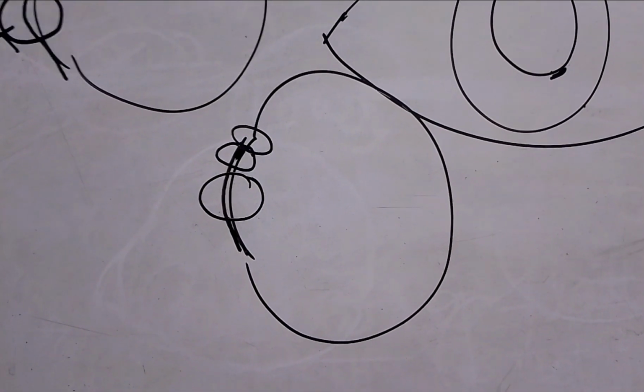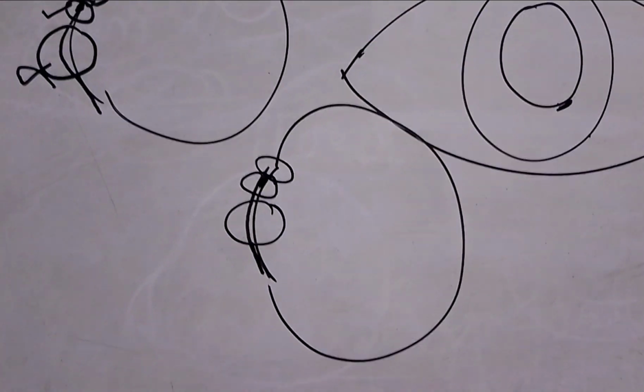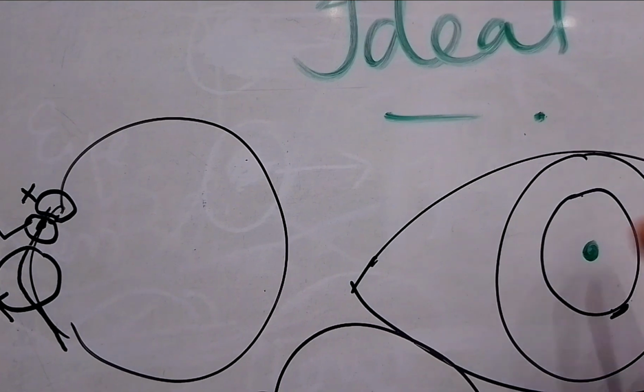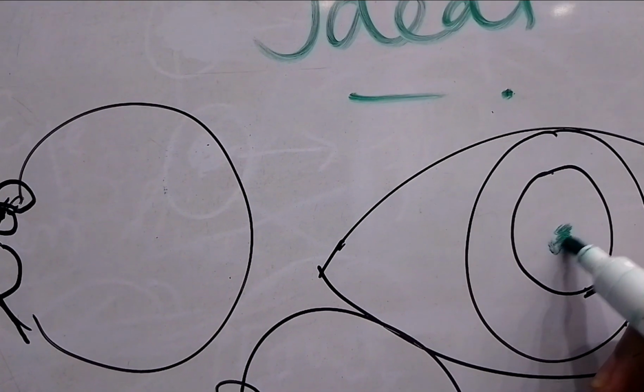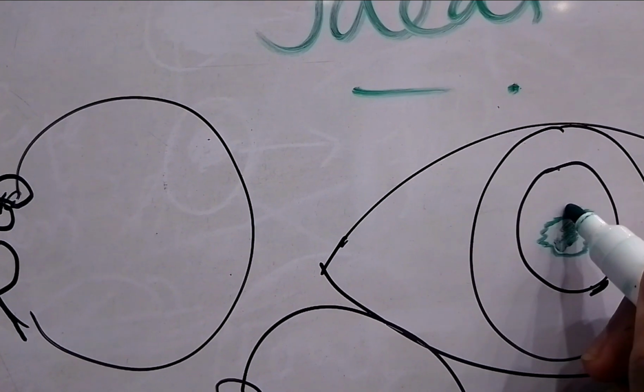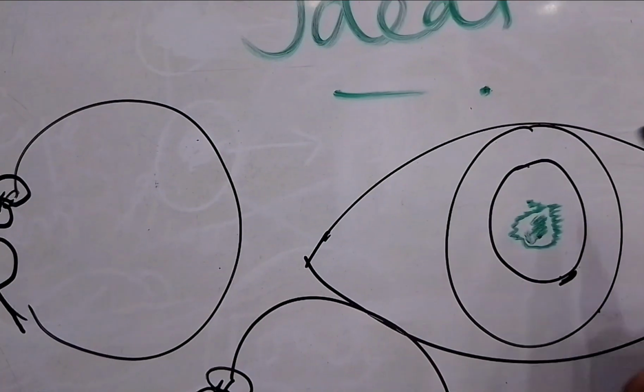This is the ideal or optimal fit, where there should be consistent, a little bit more pooling in the center, and then light pooling in the apex region.